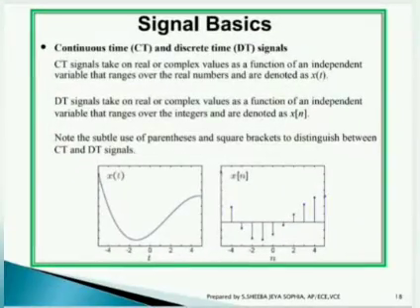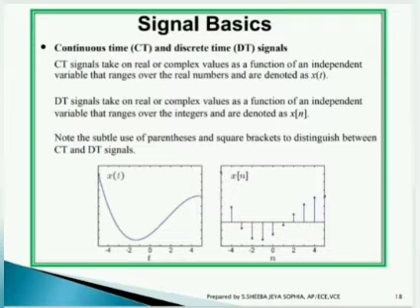Moving to the basic classification of signals. Signals are of two types, namely continuous time and discrete time. The CT signals, continuous time signals, take on real or complex values as a function of an independent variable that ranges over the real numbers, and here you can see it is denoted as x of t, which is a continuous sine waveform, as you can see clearly from the graph.